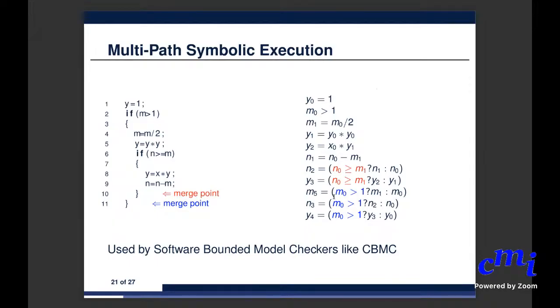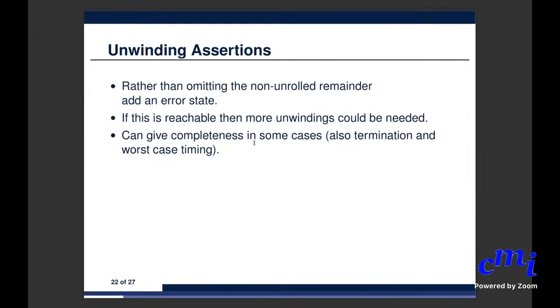And if there are nested loops, then each of them is unwound the specified number of times, and the body is always represented as an SSA. Now there is another trick that it uses called unwinding assertions. I will get to that when I start demoing CBMC.